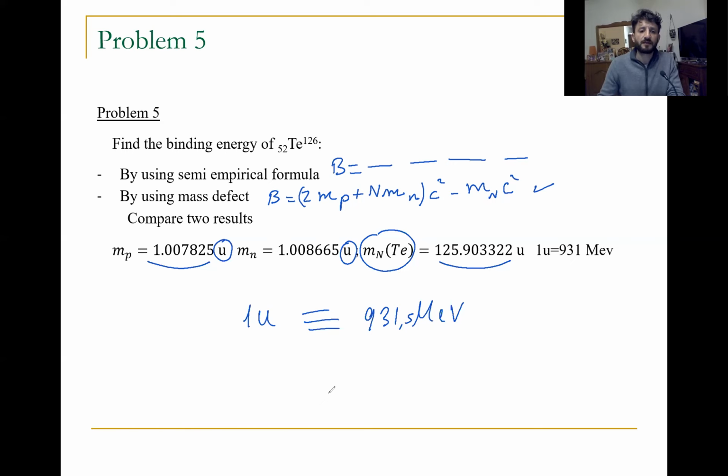For example, if I give you the binding energy equals 5 atomic mass unit, you have to write this value equals 5 times 931.5 MeV. You have to convert the unit to MeV.